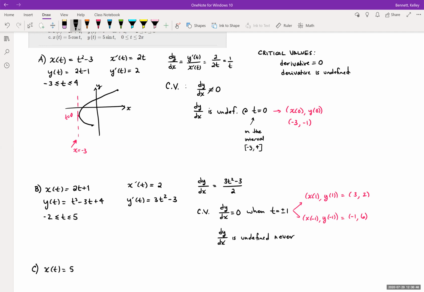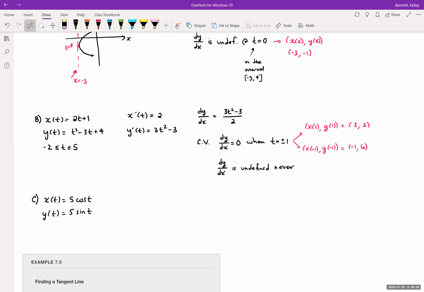x of t is 5 cosine t, and y of t is 5 sine of t, and then our interval is 0 to 2 pi.